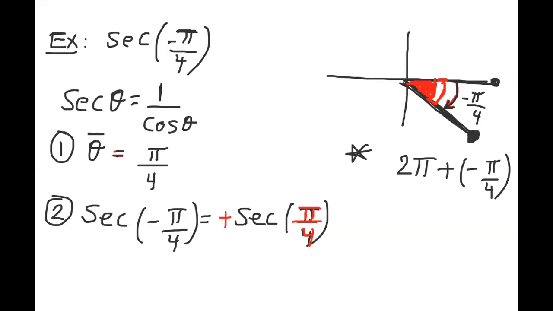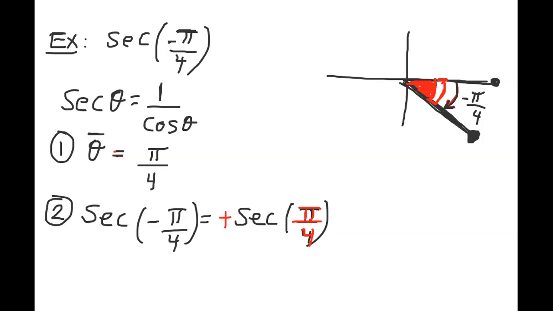But here we don't have to add or subtract because we look into the graph. The easiest way, when we see the angle is negative, is to look into the graph and find the reference angle from the graph. We ask, what is the closest angle between the terminal side and the x-axis?